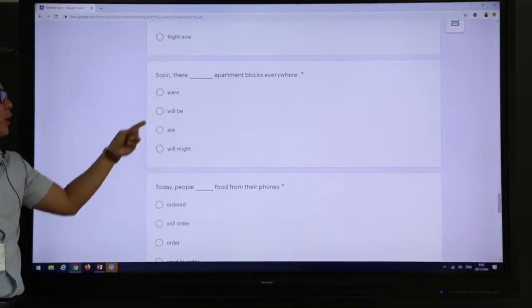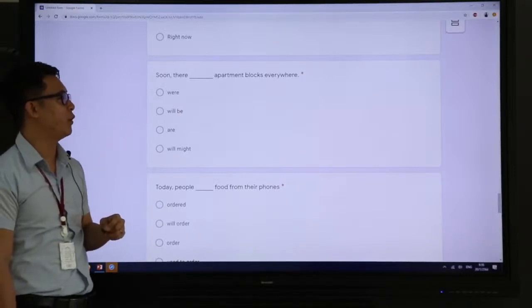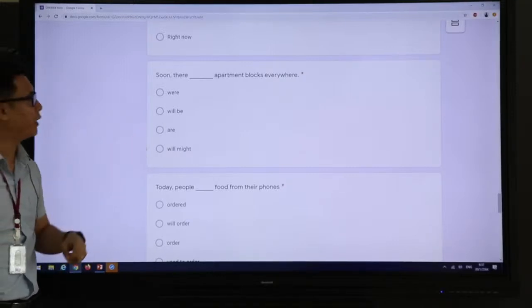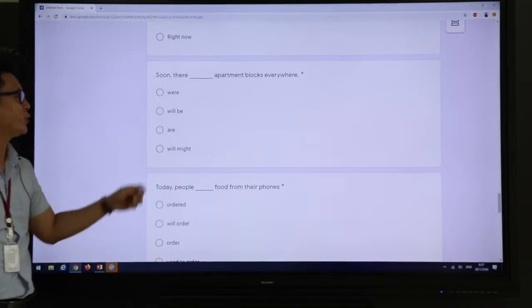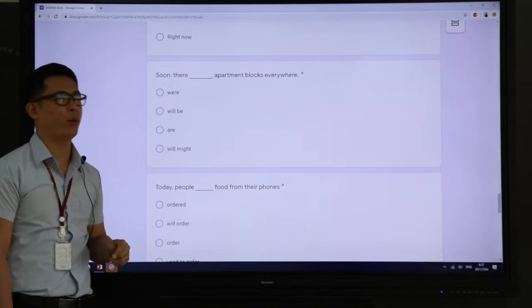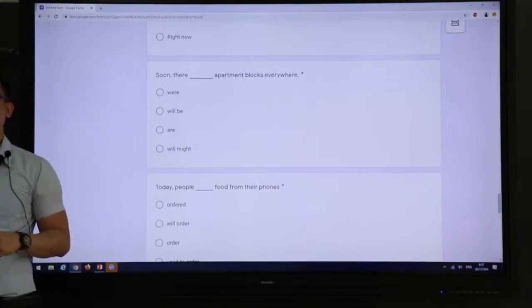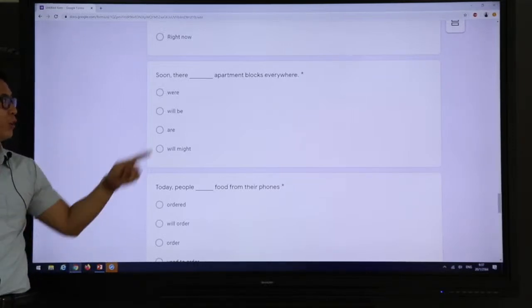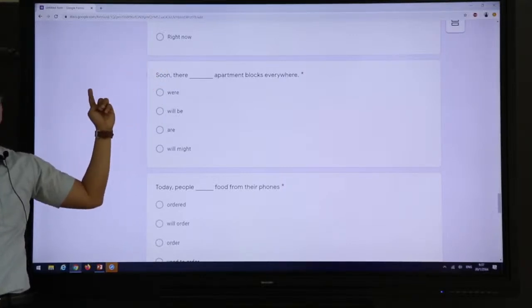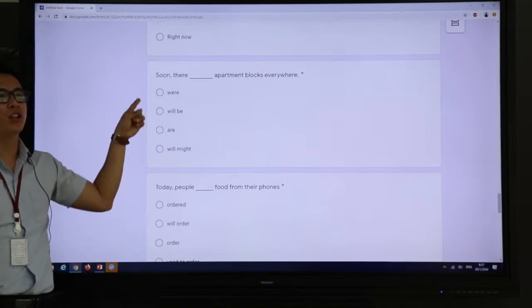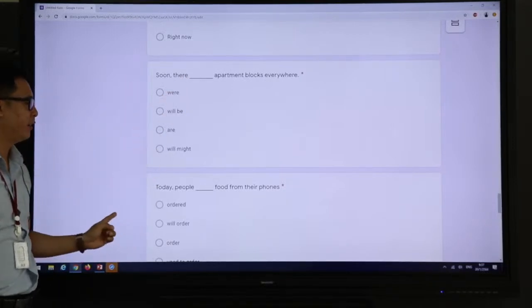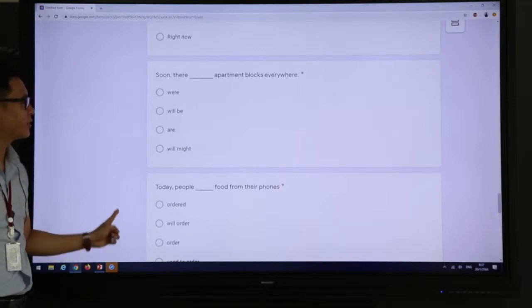Soon there will be apartment blocks everywhere. Or soon there are apartment blocks everywhere. Or soon there will might apartment blocks everywhere. So what is the correct answer? Take note of the word soon. Identify whether it is past, present, or future. Then you will know what verb is to be used here. Okay, next.